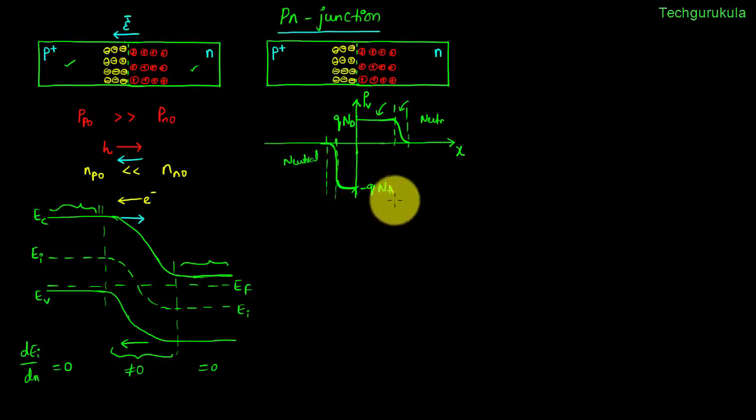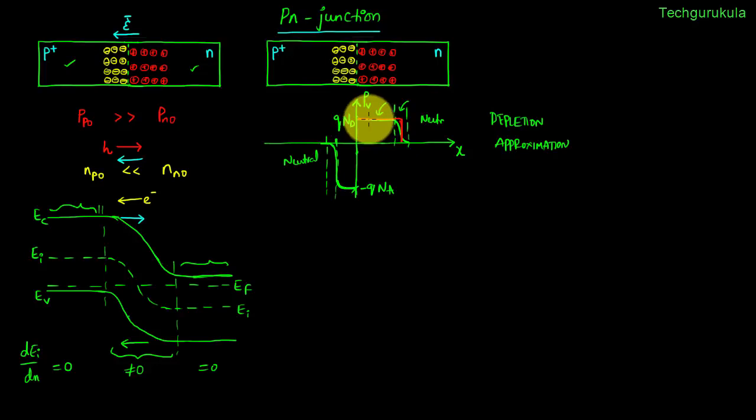But we are going to make an assumption called the depletion approximation, where we assume that there are only two regions, either depleted or neutral. There is no partially depleted region.